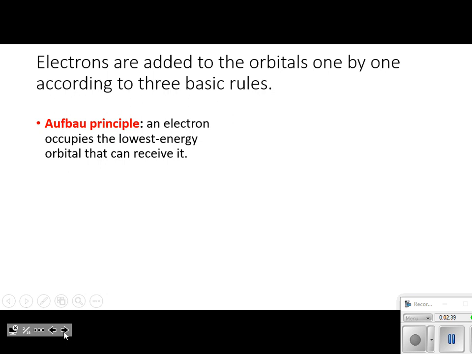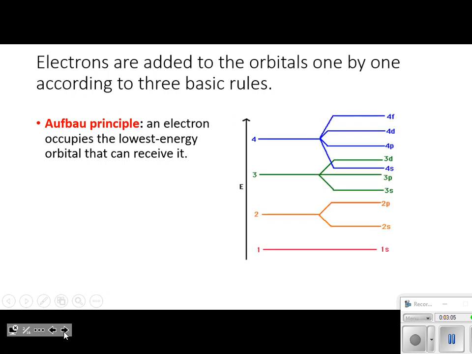So, these orbitals are lined up. Remember that they're probable places around the nucleus. So these orbitals are probable places that electrons can be, and the electrons will fill those orbitals based on the lowest amount of energy. So the lowest energy ones are closest to the nucleus.